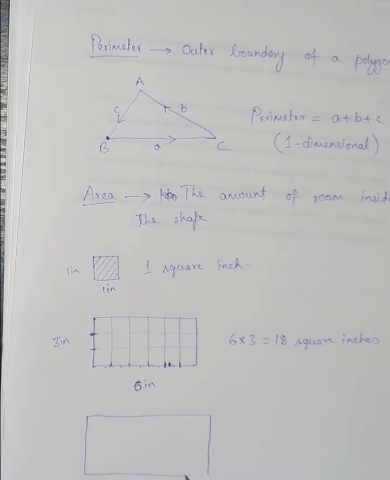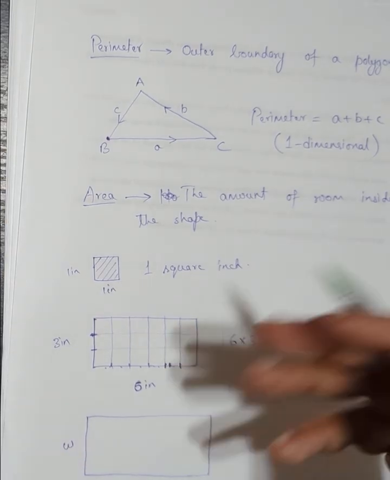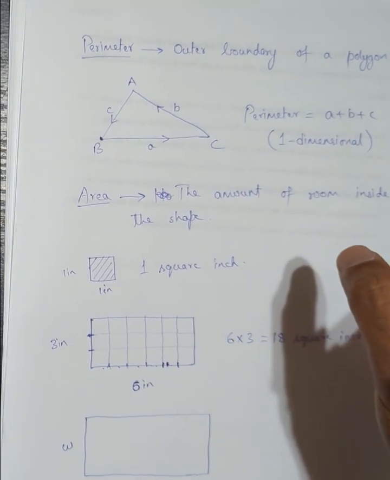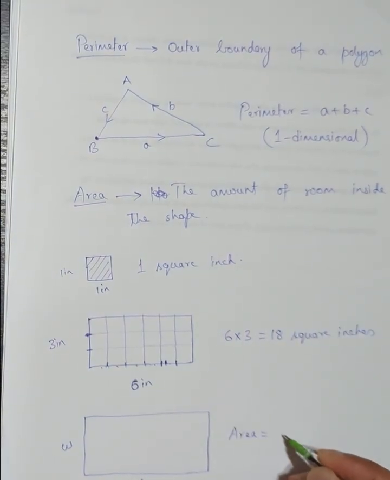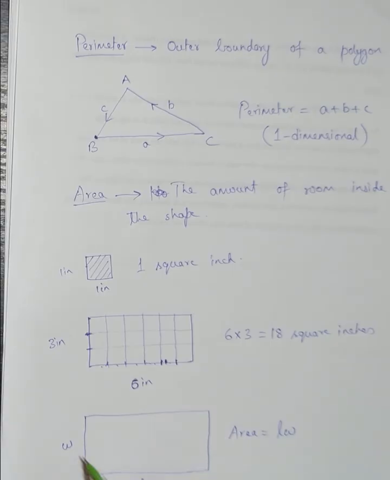So if you use letters to denote the dimensions, a rectangle has two dimensions. One is called length, the other is called width. Sometimes you use height, it does not matter. The important thing is area is given by L times W. You're multiplying these two dimensions.